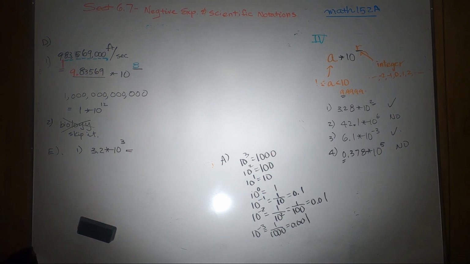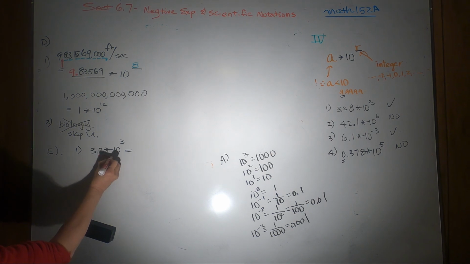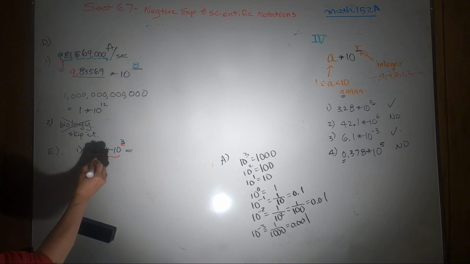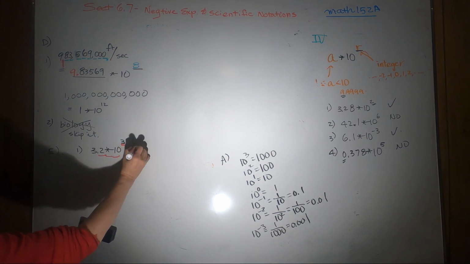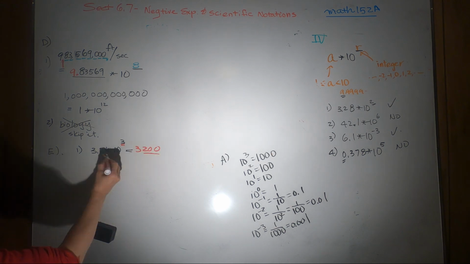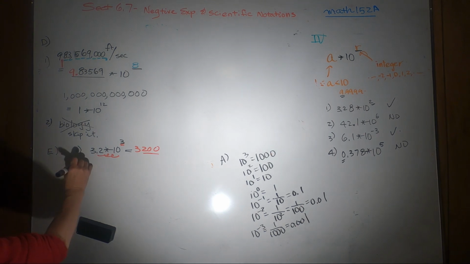Should be bigger, right? If it's bigger, you move your decimal to the right or to the left. Bigger, then you move to the right. How many positions? If it's 3, you move 3 times. So the empty space, you should put a 0 there, right? So it's 3,200. That's how it works.